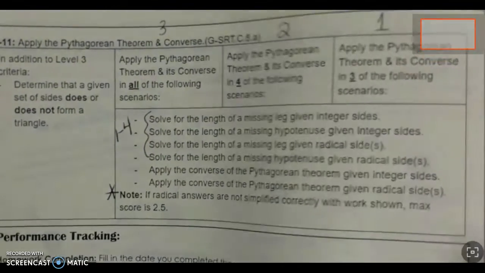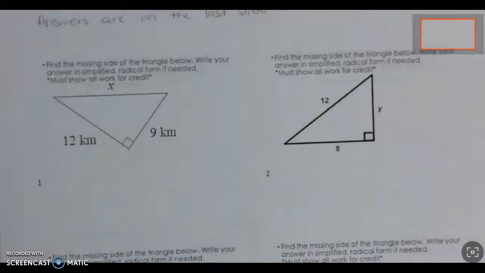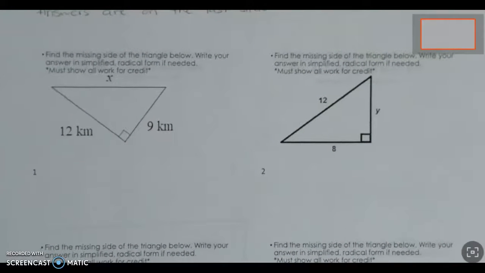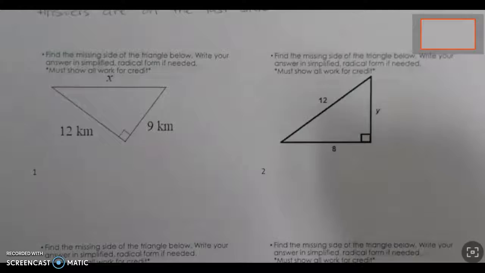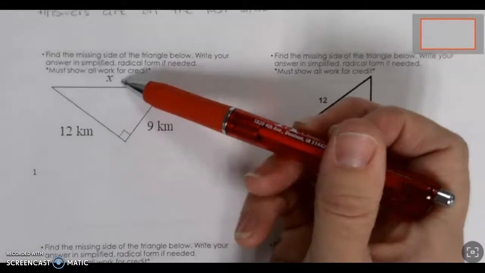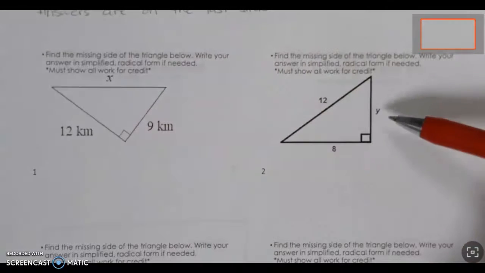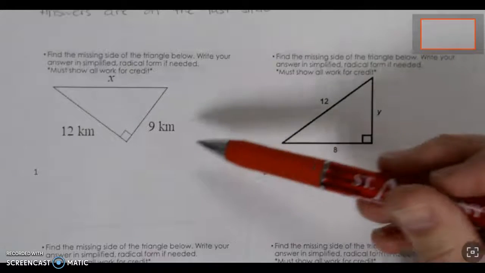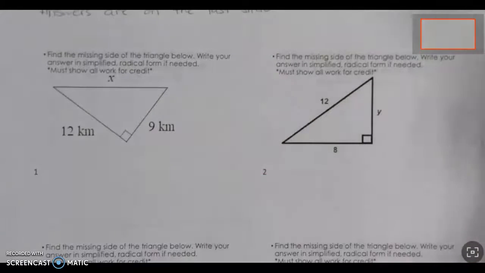If we're looking at the review from today, the first 2 questions are integer side lengths. Here I'm trying to find a hypotenuse with integer side lengths. Here I'm trying to find a leg with integer side lengths. So that's 2 separate pieces of the scale that's shown.